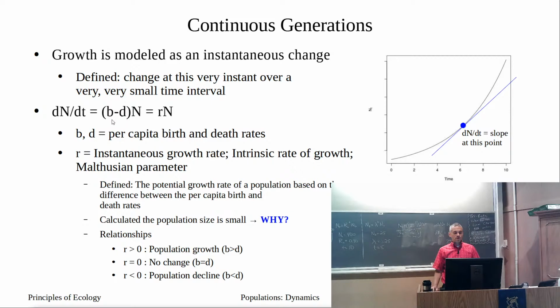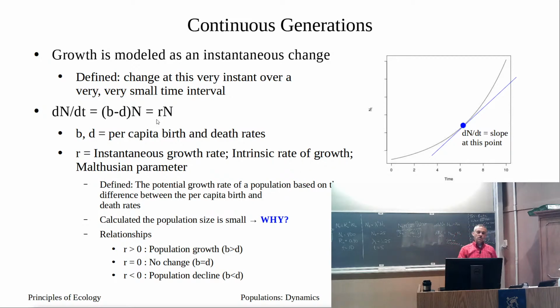And you can distribute it and say that b times N minus d times N, right? You can get that, and that kind of corresponds to these equations here. But I present it this way because the difference between our per capita birth rate and our per capita death rate gets us this important value r. r has numerous names, 3 that I present here.